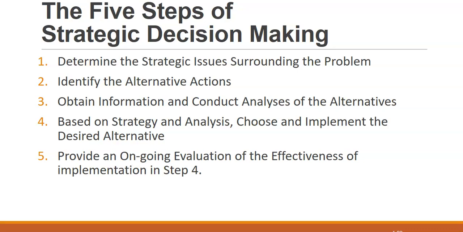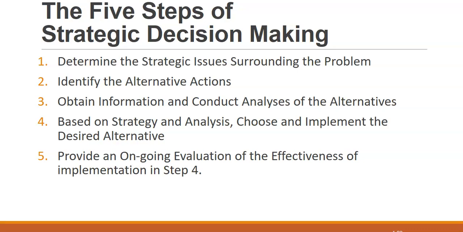In step 5, we evaluate our decision. And then we repeat that. Did that decision work? Is everything being effective? We're going to continue evaluating it, and we might have to start over at one of the previous steps.